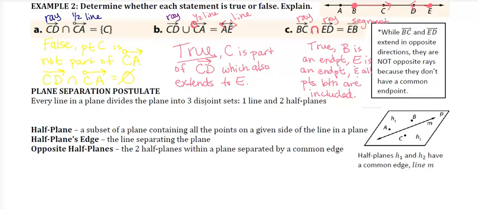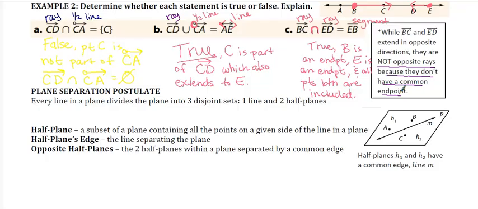Now, one thing to note here, I've got this box here that you are probably fitting your stuff around. While ray BC and ray ED extend in opposite directions, they are not opposite rays because they don't have a common endpoint. Okay, you might highlight that. That is something that's important.